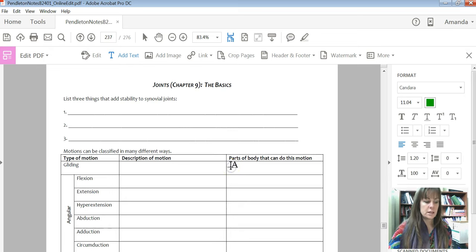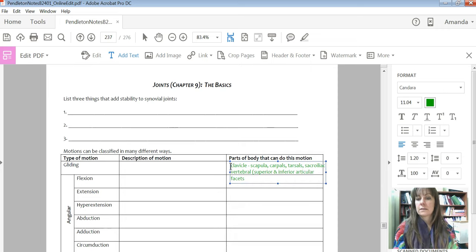So the parts of the body that do this are specifically the clavicle and where it meets up with the scapula, the carpals, the tarsals, the sacroiliac joint, and also the vertebral joints, the ones that are synovial. So here we're talking about the superior and inferior articular facets. Those are the specific ones that we're talking about.